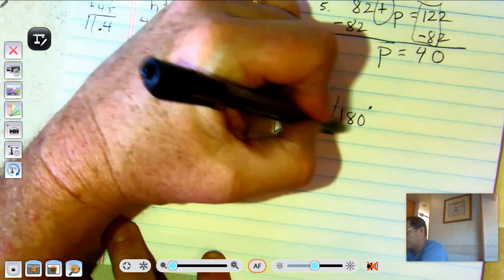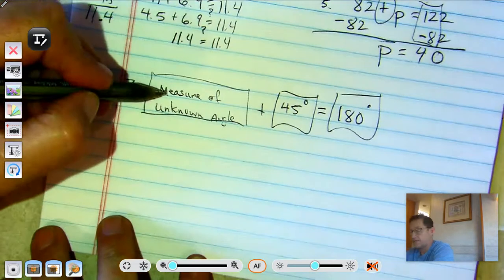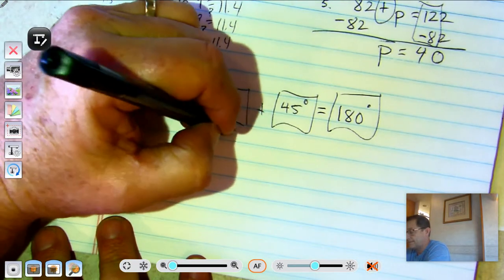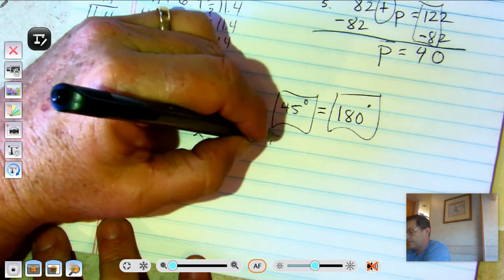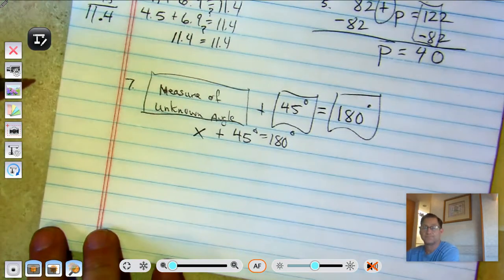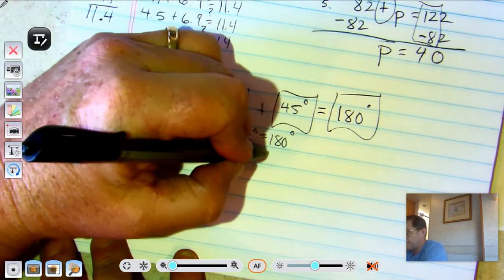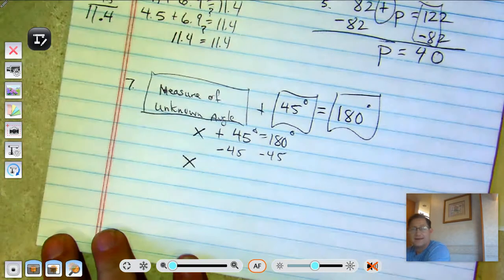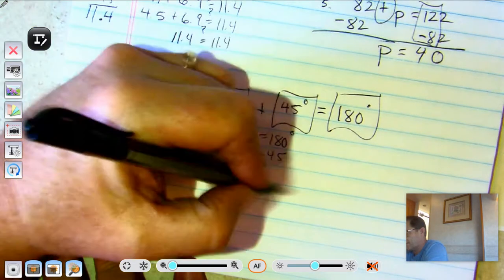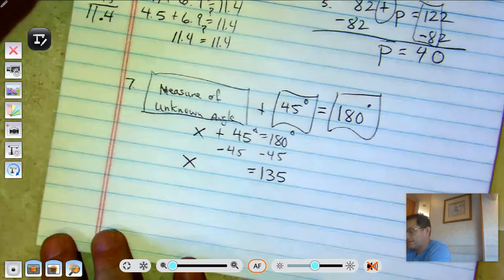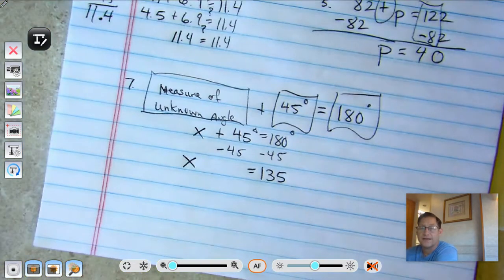So if you're using the boxes to set up your equation, the measure of the unknown angle we'll call x plus 45 equals 180. We're going to subtract 45 from both sides. That isolates the x, and the x would be 135 degrees.